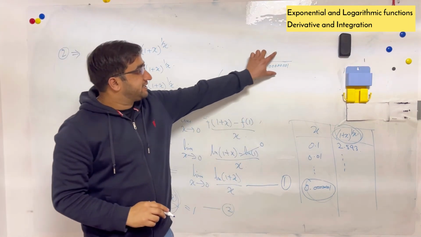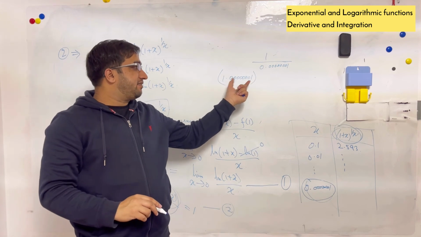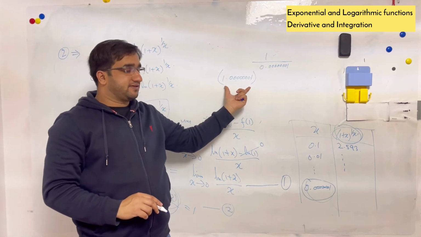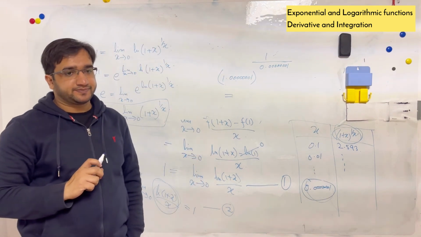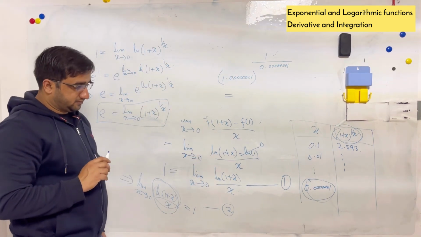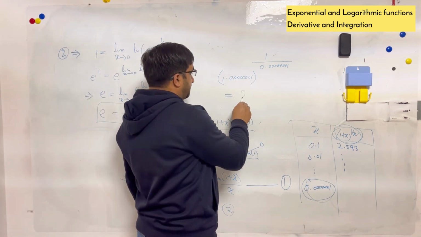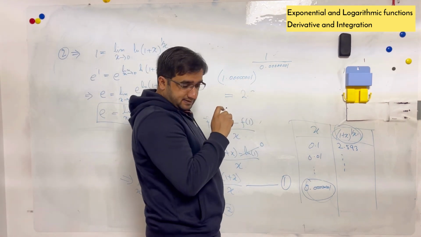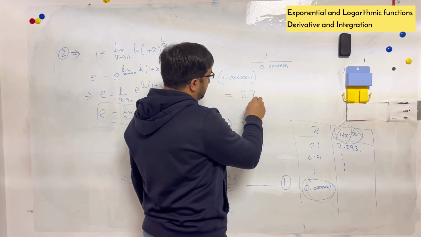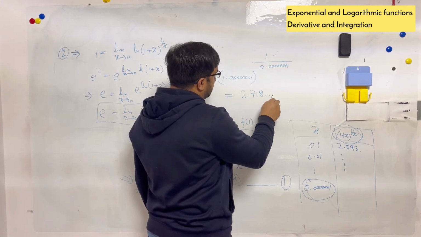So first find this number and then take the power of this answer as a power of this. What is the answer? 2.71. 2.718.